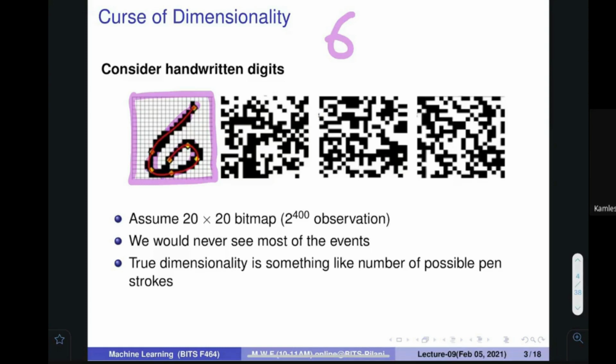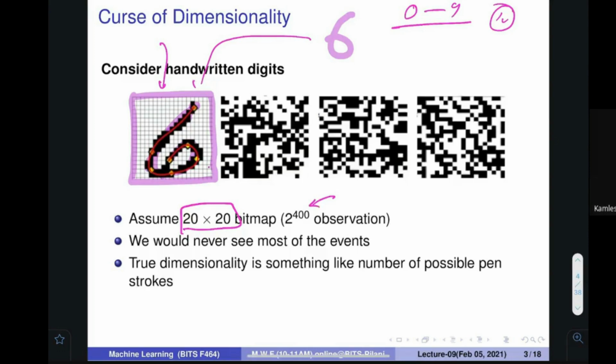But the data it has is only 6. Let's assume the digits are from 0 to 9, so you have only 10 values. But how many values does this image representation have? Let's assume this is a very small image, 20 cross 20. 20 cross 20 means 2 to the power 400 different values are possible.